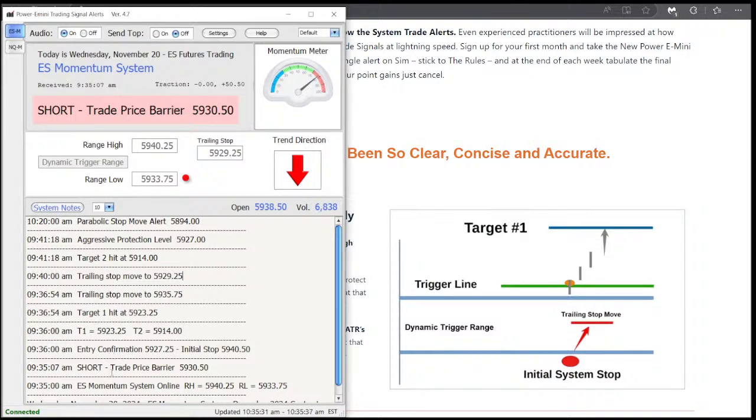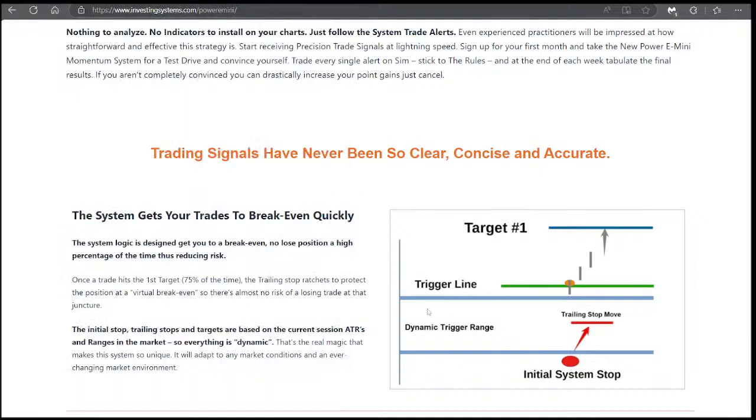It was basing that on the ATRs and the current ranges in the market. So today target one was 4 points. As soon as it hits target one, boom, that initial stop moves up and it's a break even. And here's the thing. We have it calibrated for a 70% hit rate on target one.